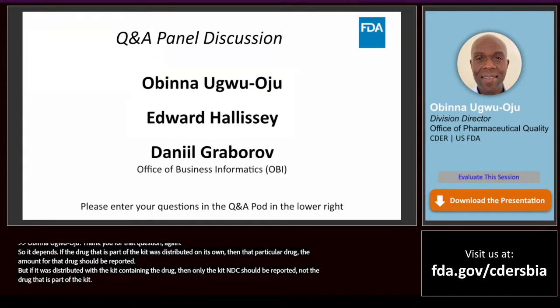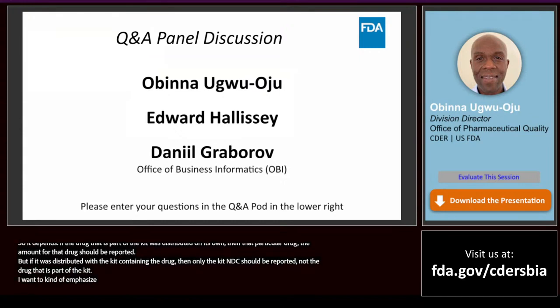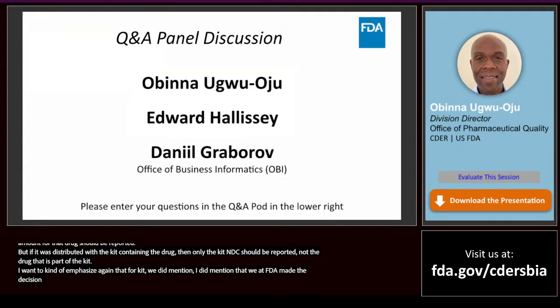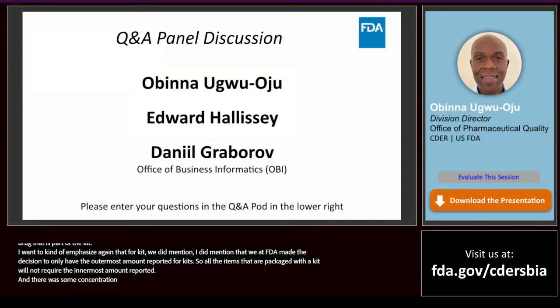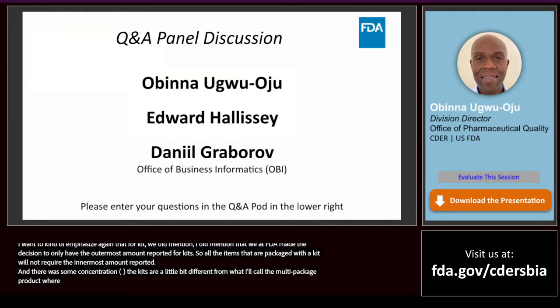I want to emphasize again that for kits, FDA made the decision to only have the outermost amount reported. So all the items that are packaged with the kit do not require the inner amount to be reported. There was some consideration that we undertook because kits are a little bit different from what I'll call the multi-package product, where I talked about the inner and outer NDC.